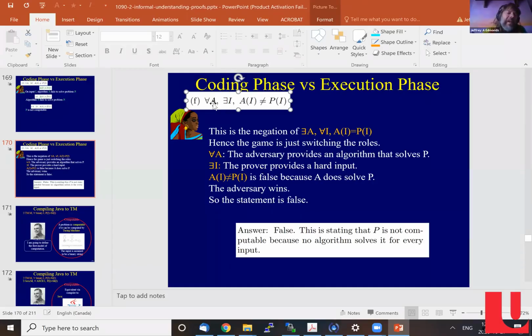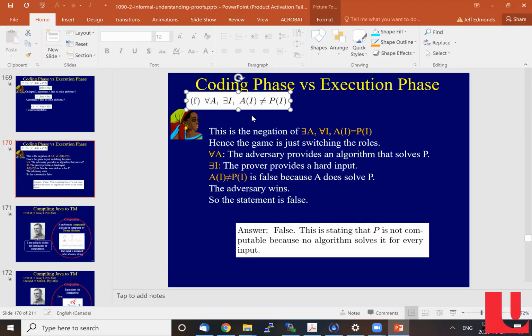The algorithm that the adversary gave me might solve the halting problem on some inputs, but it doesn't solve it on all algorithms and on all inputs. For some algorithms it works for these inputs, for others it works for those inputs, but for every algorithm there are some inputs on which it gives the wrong answer.